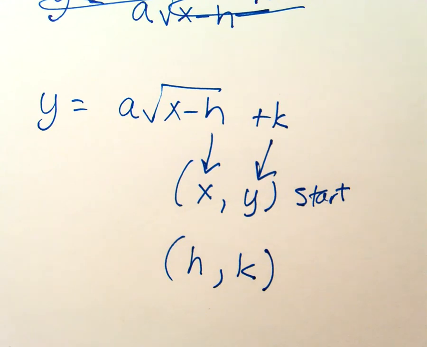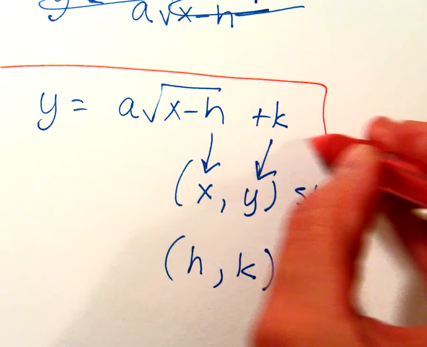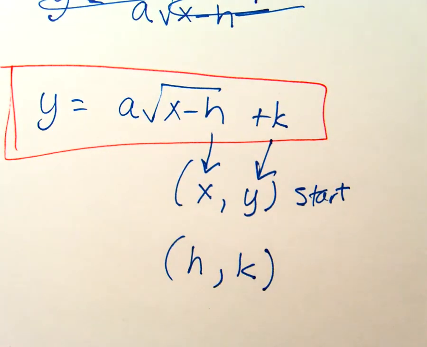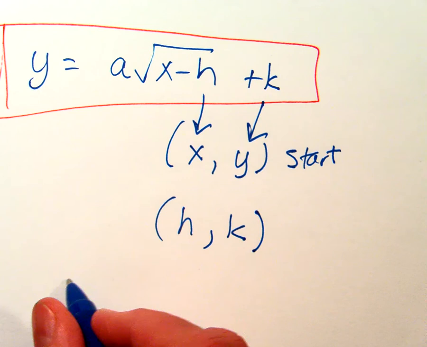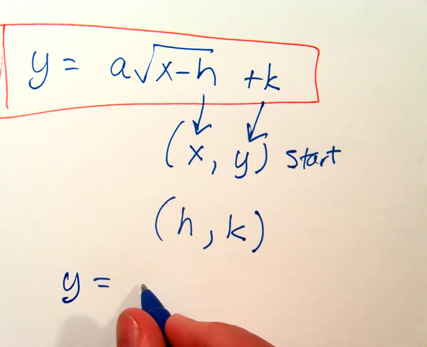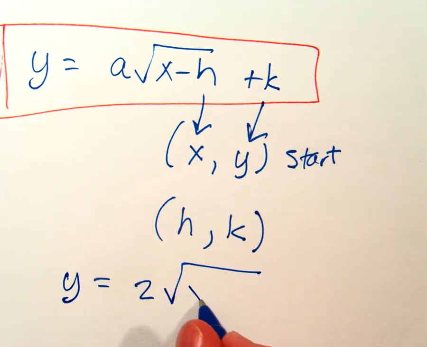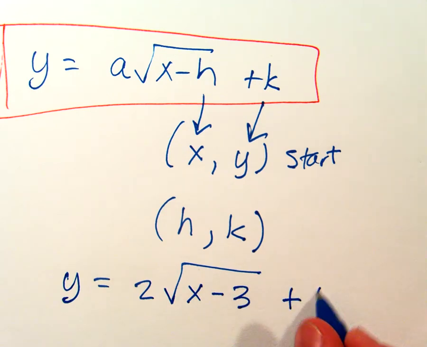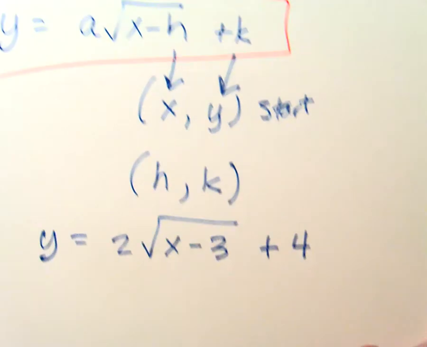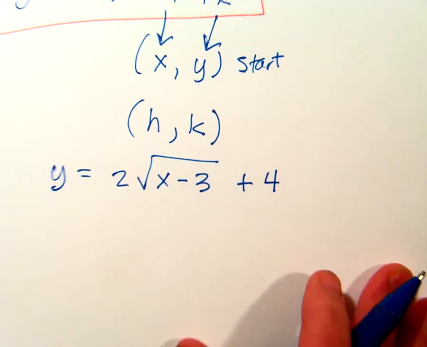So again, this is our form of a radical equation. We can tell from that how to graph it. So if I had y equals 2 times the square root of x minus 3 plus 4, how am I going to graph that? Here's what I'll do.